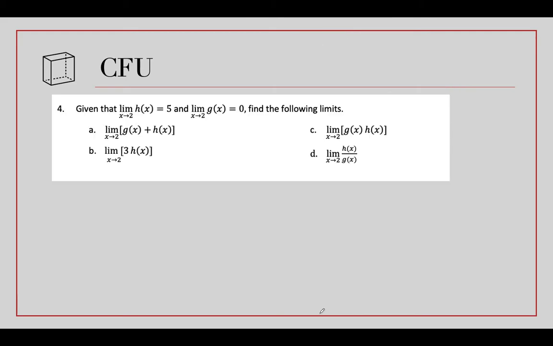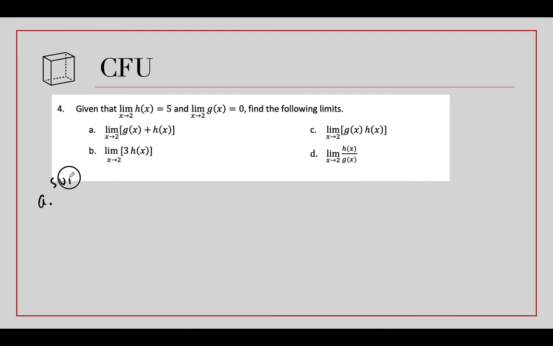Okay, the last thing I want to go over with you all, let's go ahead and apply those limit laws that we looked at. So let's go ahead and look at A. We have the limit as x approaches 2 of g of x plus h of x. I know that from my sum law, I can split these up.